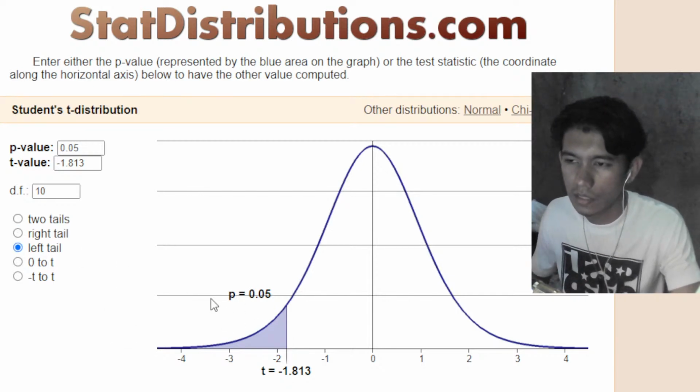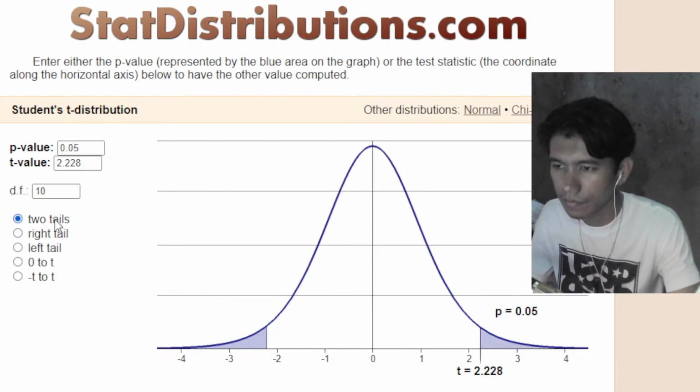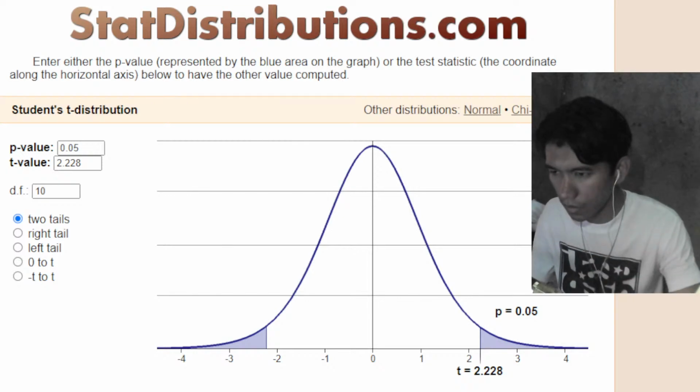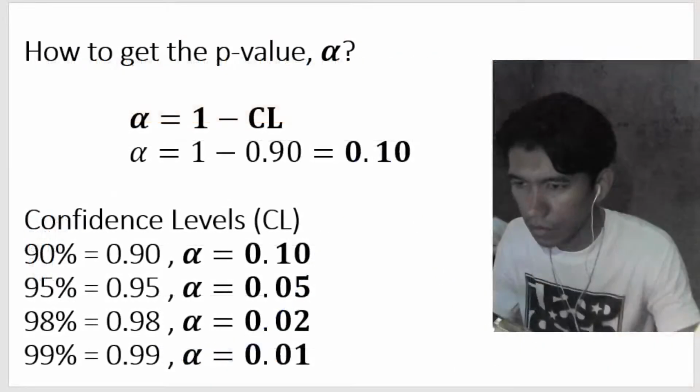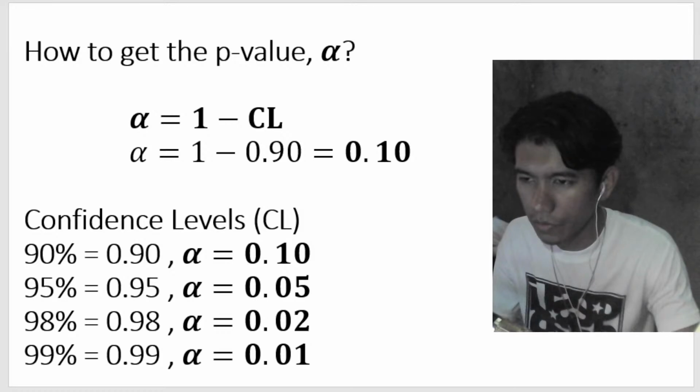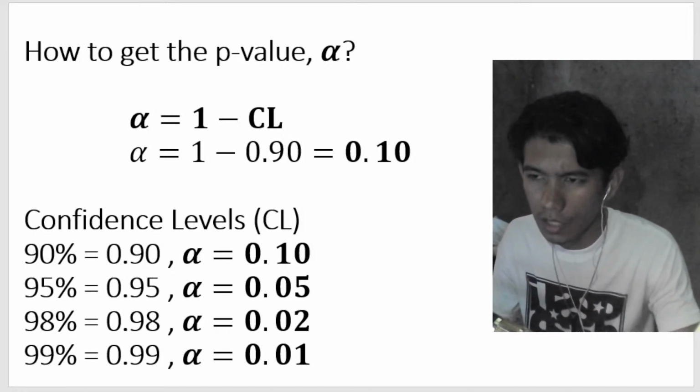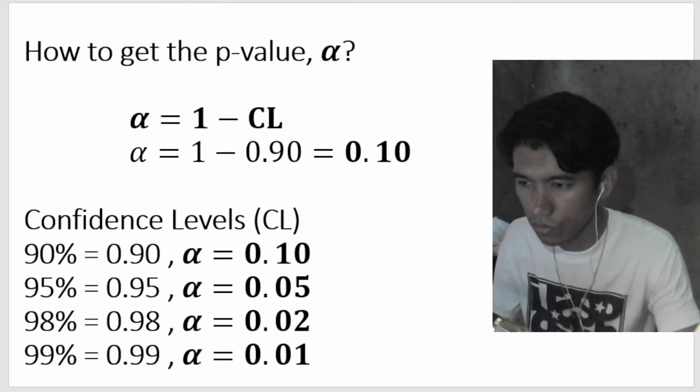Okay, so let's try another given. For two tails again, let's say we're going to use 98% as our confidence level. For a 98% confidence level, the p-value is 0.02. So take note of this value, 0.02.